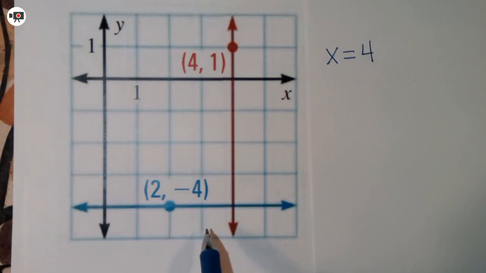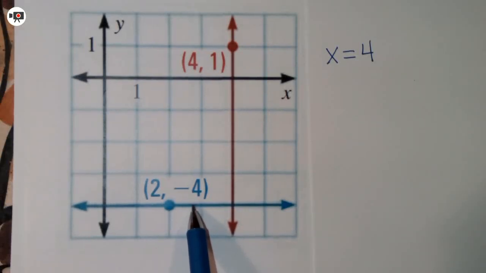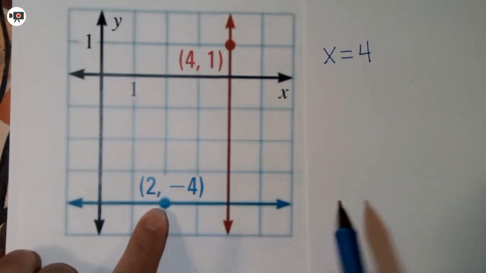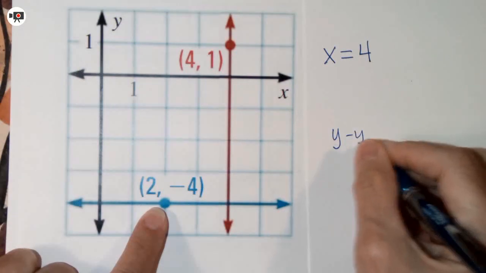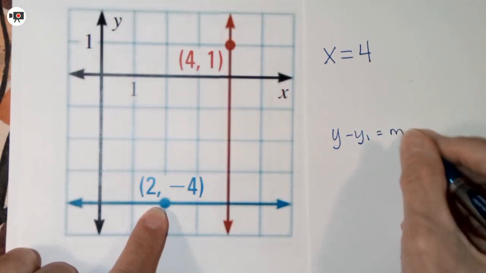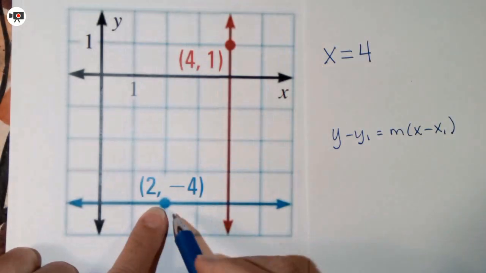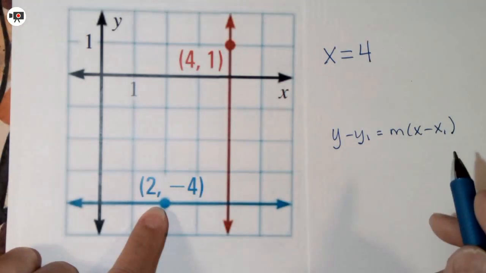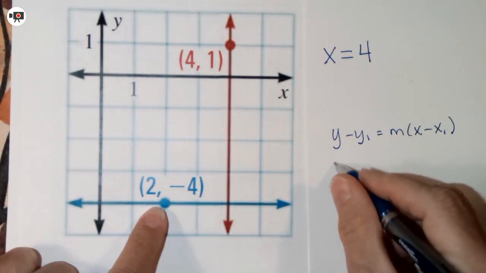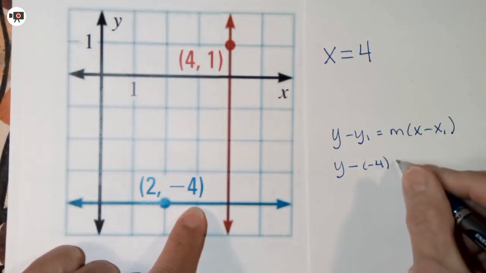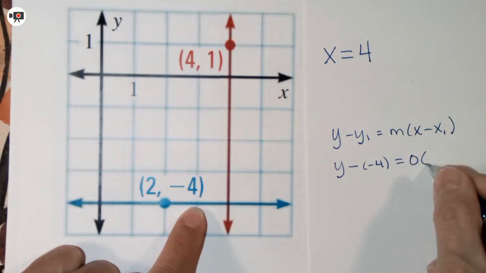And then down here, what can I say? Now, this one you could do a slope on, because you can get the slope of that. The slope is 0. If you wanted to use the point-slope form, you could. And what you'd get is, well, we'll use this point. Okay, and so that'll be y minus y sub 1, which is negative 4, equals 0 times, who cares what it is?